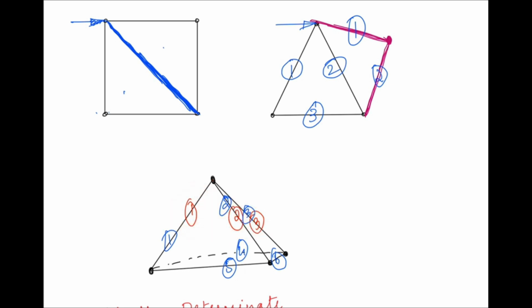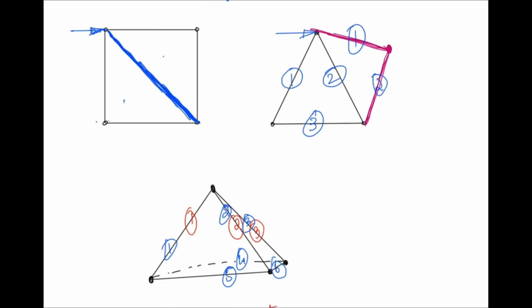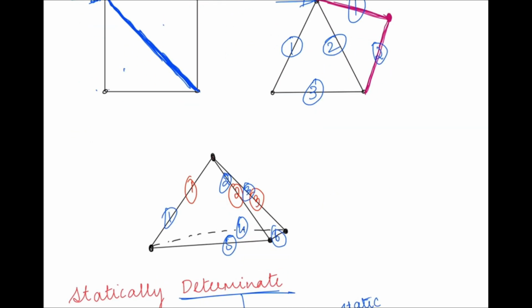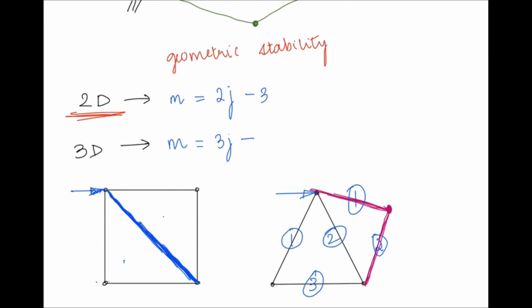So the minimum number of members is 3j minus, and the members you already have are these, 1, 2, 3, 4, 5 and 6, which have already been used up. So you have 3j minus 6.